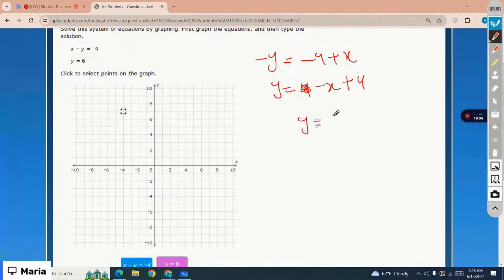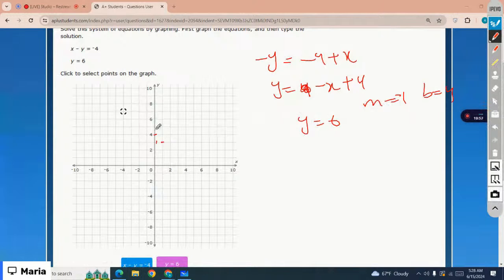And then y equals 6. m equals -1 and b equals 4. So here is b equals 4. m equals -1 means you need to move down 1 and right 1.